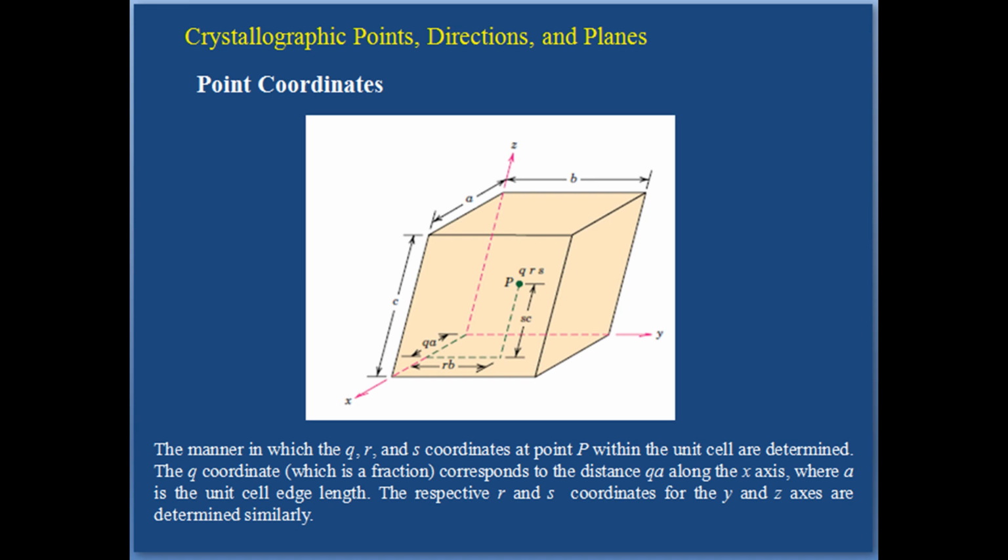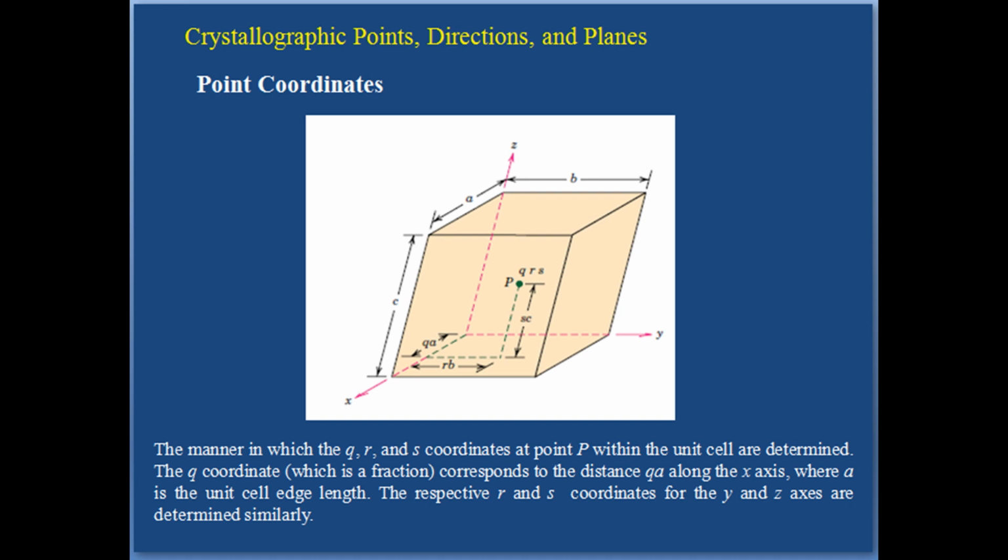The position of any point located within a unit cell may be specified in terms of its coordinates as fractional multiples of the unit cell edge length, that is in terms of a, b and c. To illustrate, consider the unit cell and the point P situated therein as shown in the figure.